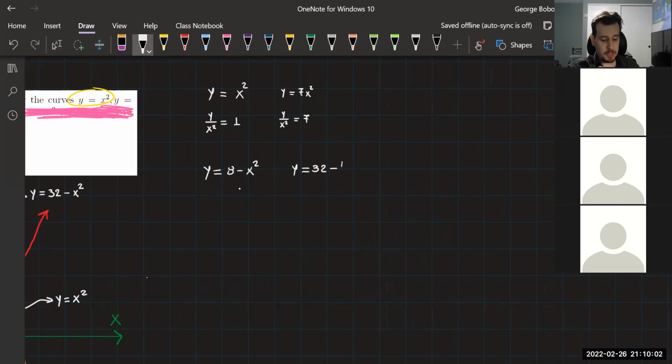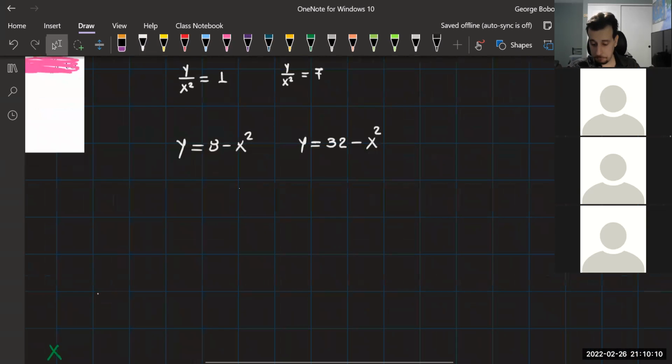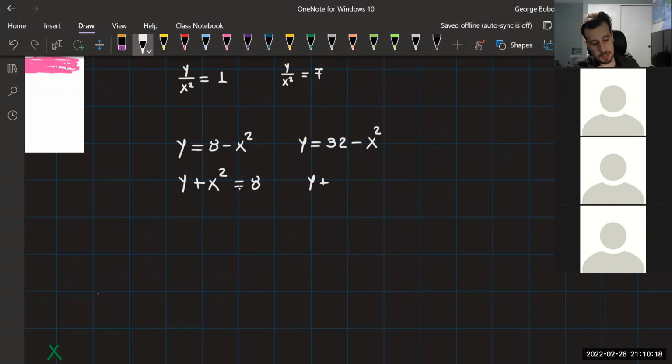How can I get something again on one side equaling a constant? Will you just add x squared to both sides? Okay. So this is going to get me 8, and this is going to get me 32.